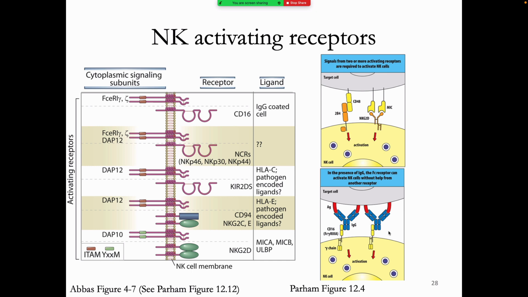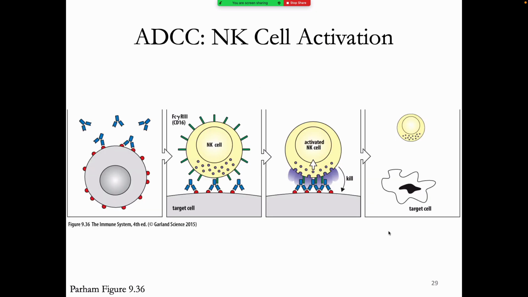Great news. You already knew that. Because when we talked about antibodies, and I told you about the effector functions of antibodies, I told you one called ADCC, or NK cell activation. And it's exactly what I just told you.